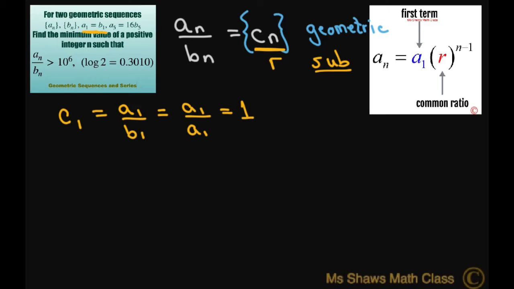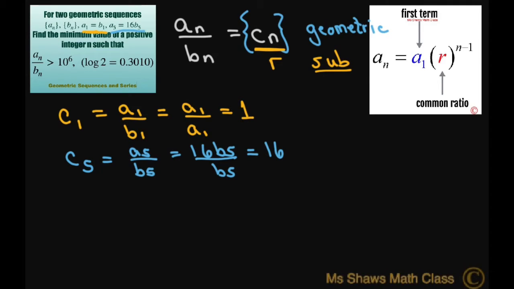Now let's look at c sub 5. That's going to be a sub 5 divided by b sub 5. Well, your fifth term here is really 16 times b sub 5, and then you're dividing by b sub 5. Well, this equals 16.